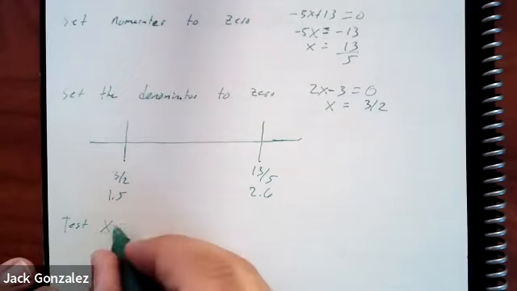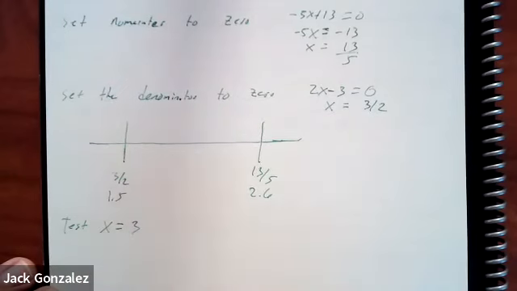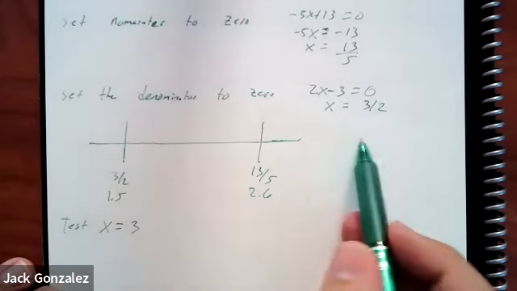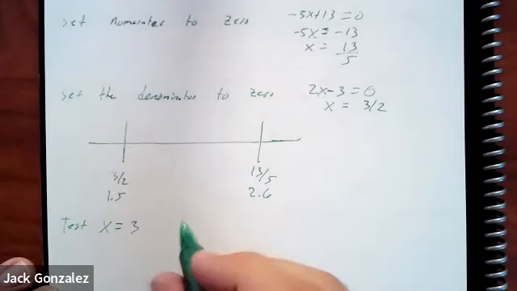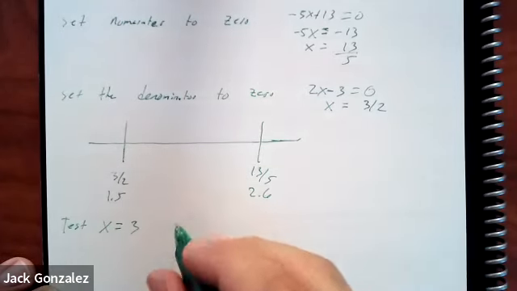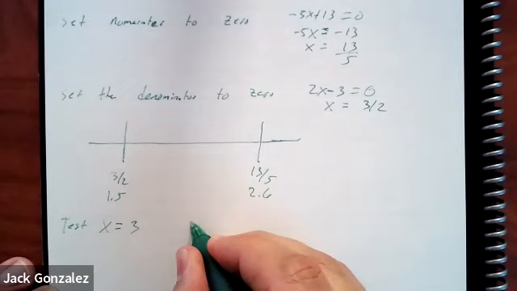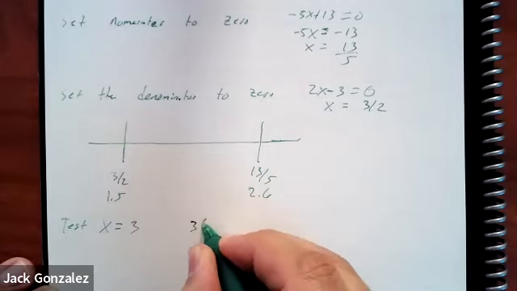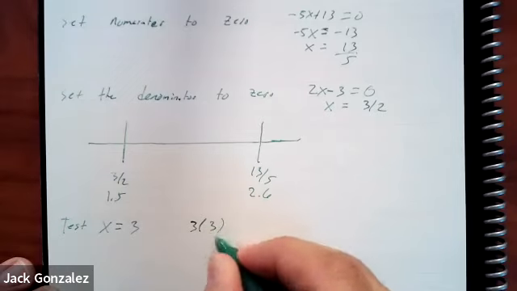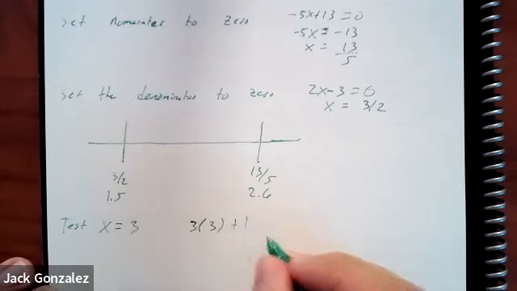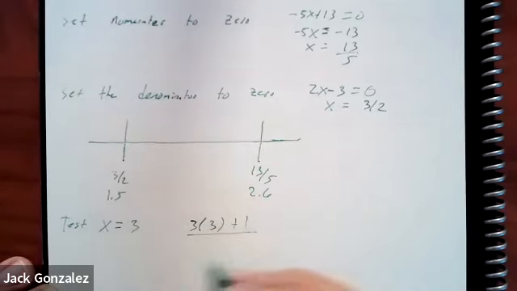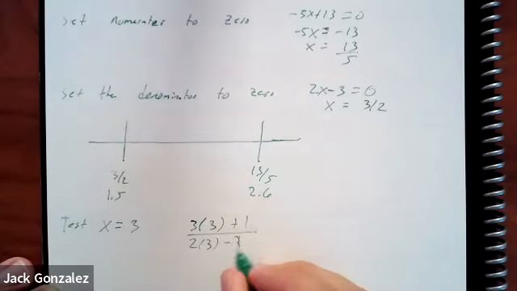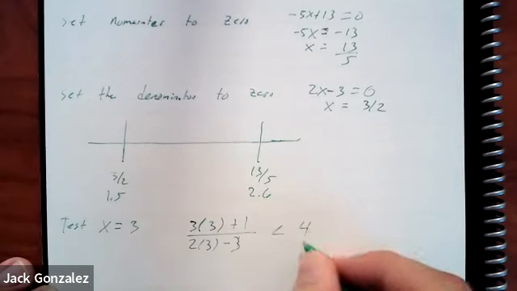So I think 3 would be the easiest one though, for up here. So plugging into the original statement is 3 times 3 plus 1 over 2 times 3 minus 3, sorry. Is that less than 4?